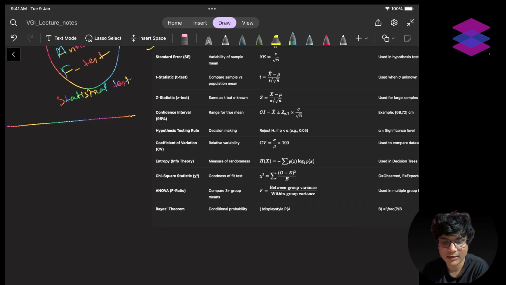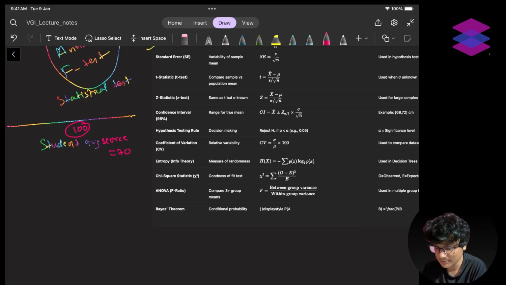So suppose that you may have come up with the hypothesis, for example, that you as a teacher believe that your student average score is, let's say, 70 marks, and your strength is like 100.